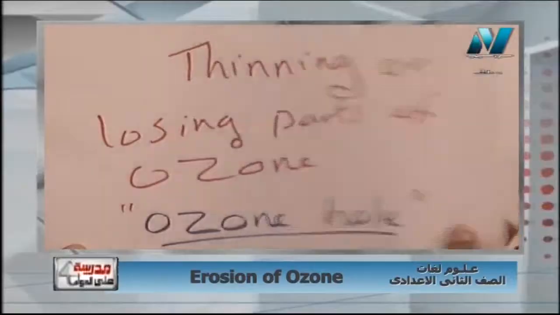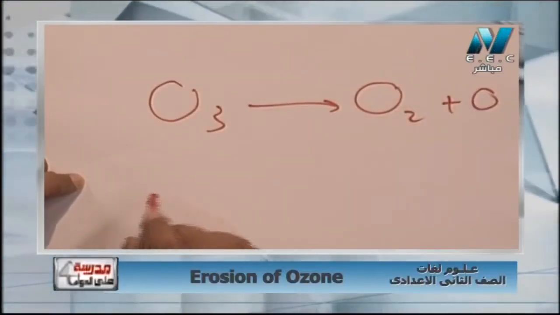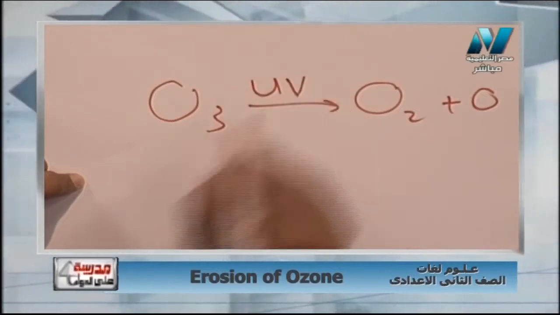Okay, but what are reasons? But first, before reasons for the ozone hole, let's talk about what is the importance of ozone. Ozone protected the Earth from the harmful radiation of ultraviolet rays. How? By using this energy to change from O3 into O2 and O by ultraviolet rays.